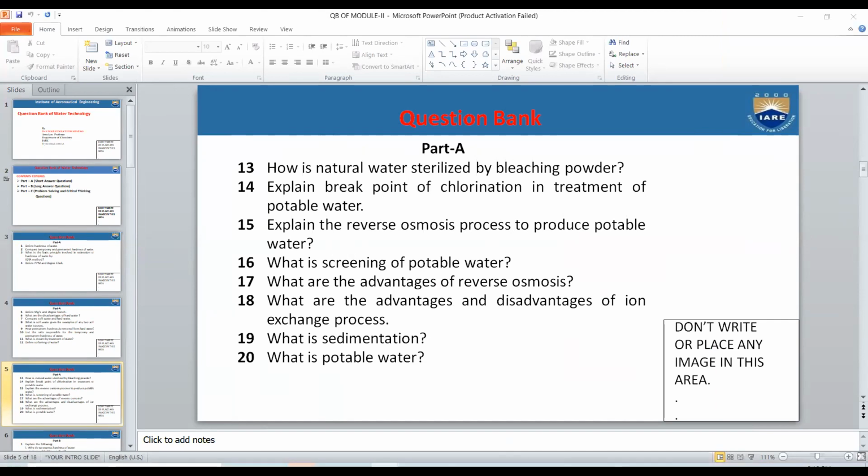The movement of solvent particles, water particles, from higher concentration to lower concentration in the presence of a semi-permeable membrane, when both are separated by a semi-permeable membrane.